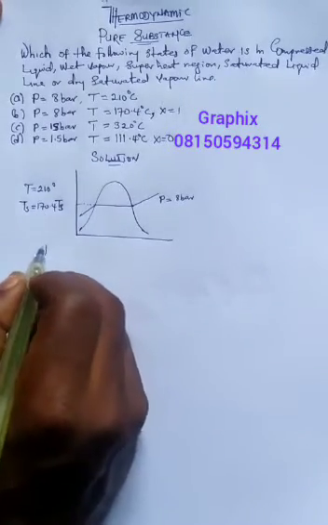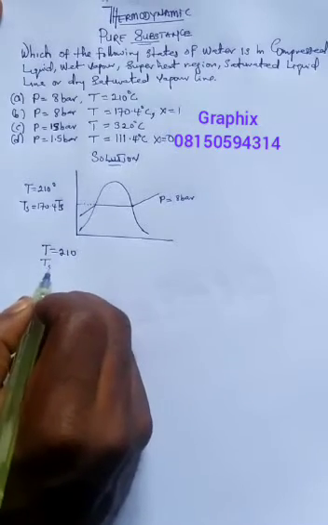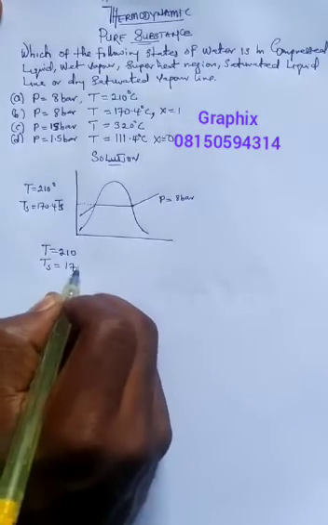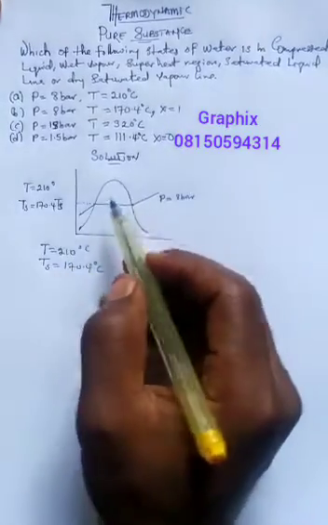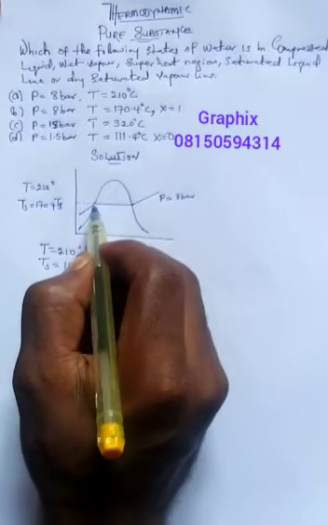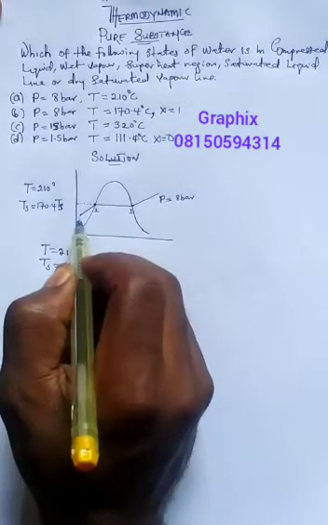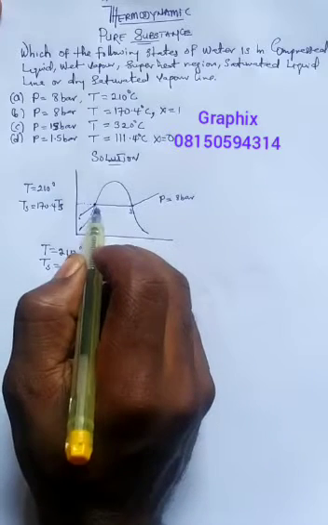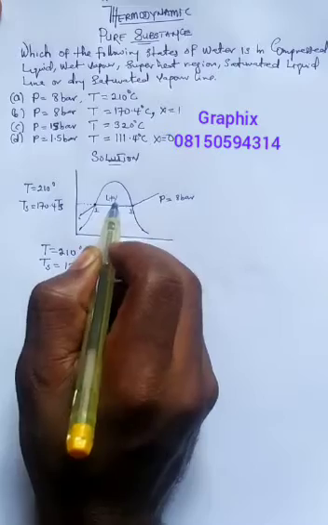So the temperature that is given is 210 and our TS, the saturated temperature, is 170.4 degrees Celsius. So it means that at this state here, between point 2 and 3, we call it the wet region, that is the liquid plus vapor.